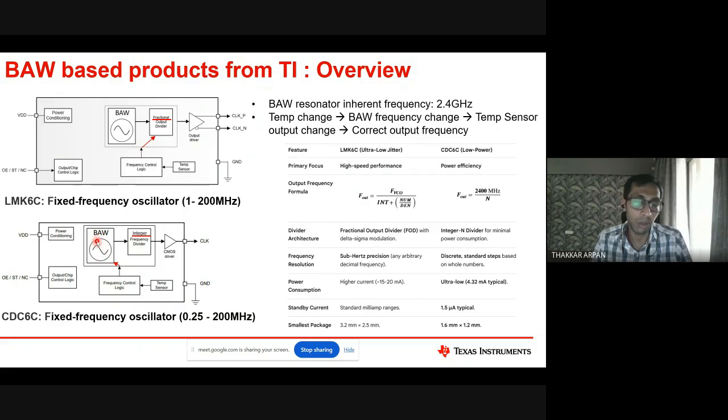So if the BAW is 2.4 gigahertz, the output will be a multiple of 250 kilohertz. So you have those dividers, like divide by 1, 2, 3, 4, and you can go up to 200 megahertz. So in this case, if the BAW frequency changes, what do you do? You go and change the frequency of the BAW, right?